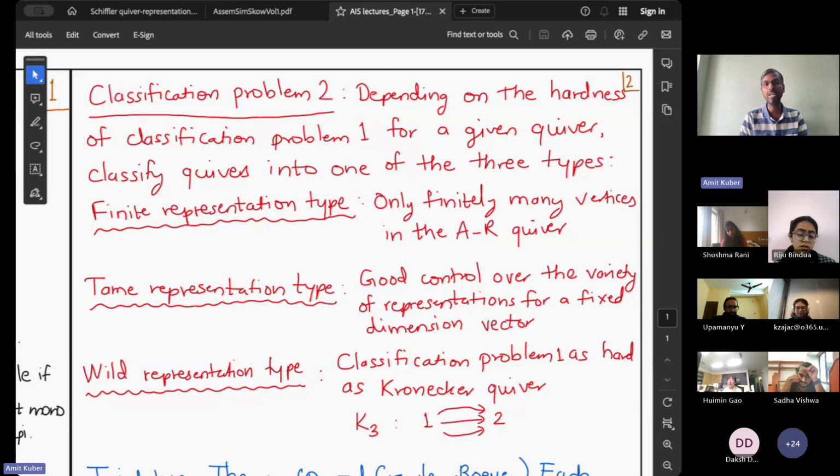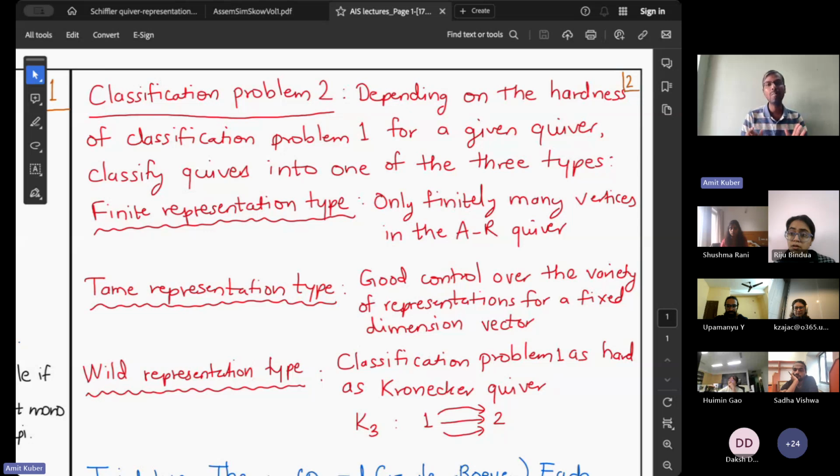However, it can be shown that as soon as your quiver is wild, then rep KQ also embeds inside rep K3. So there are embeddings in both directions. So they are all equally bad. There is nothing worse than the other. The embeddings that I'm talking about, the technical term is representation embedding, but they are equally bad.